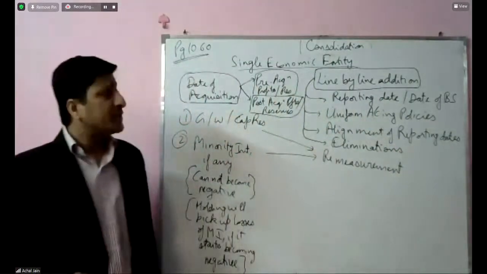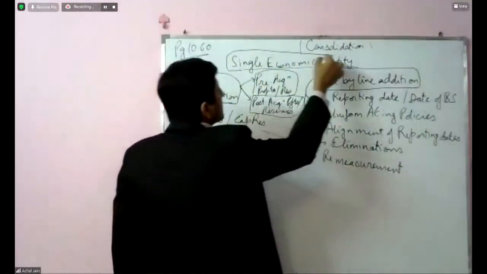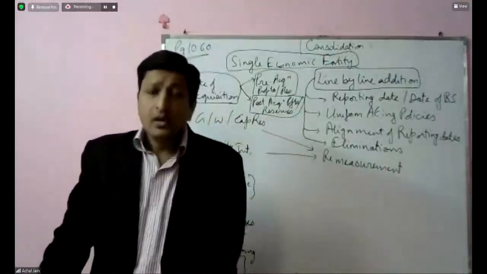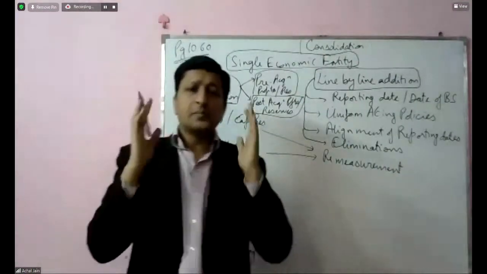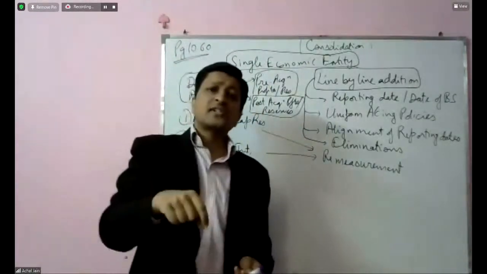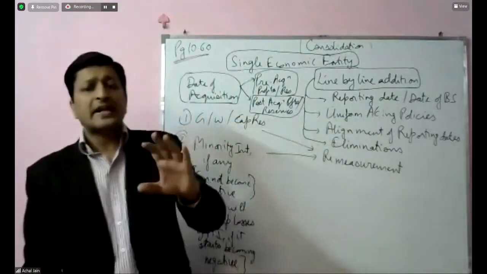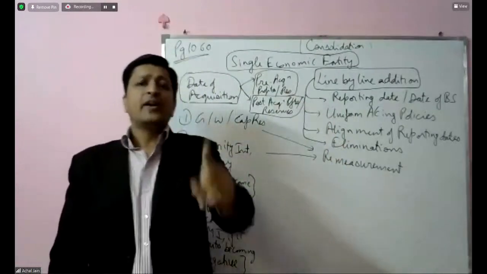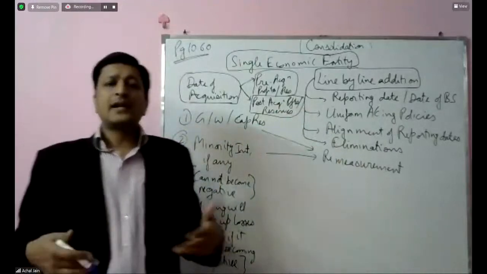And why will those eliminations arise? Because of this larger concept, which you need to always remember: single economic entity. If you keep your thought very clear while solving the question, that the financial statements of the group of various companies which you are preparing are not really various companies, that it is one entity, one economic entity, most of your adjustments will automatically get cleared.